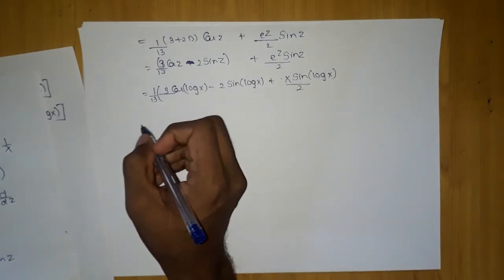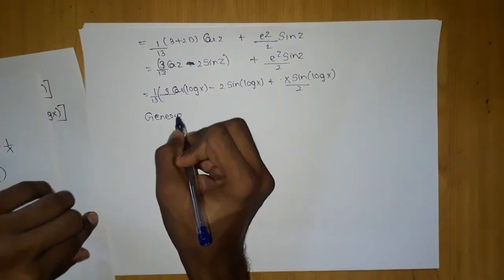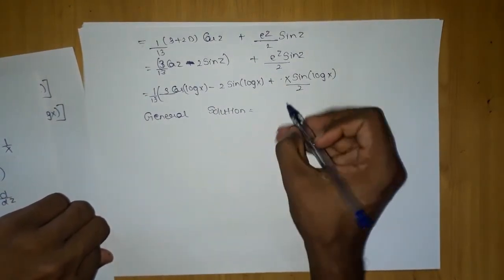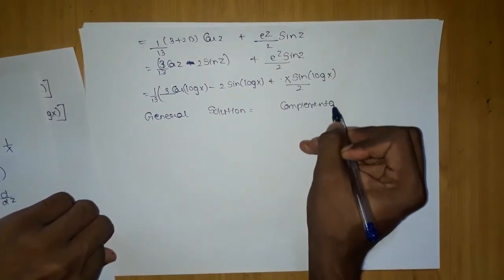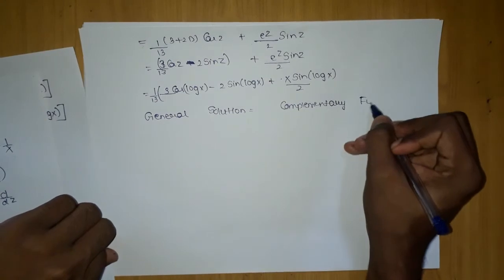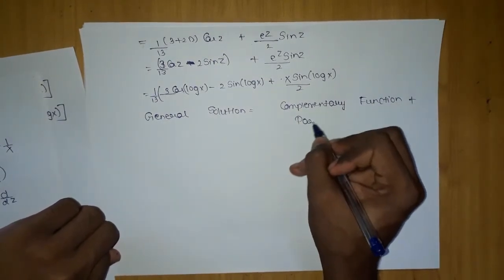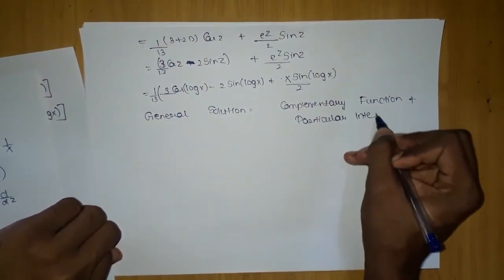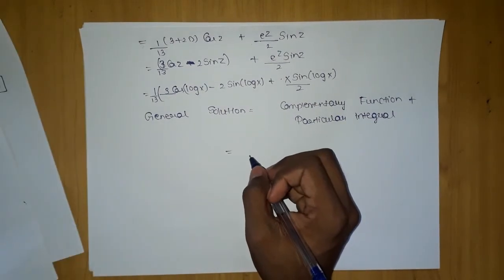Now you can get the general solution, which will be a combination of complementary function plus particular integral. If you substitute the things, you will get your required answer.